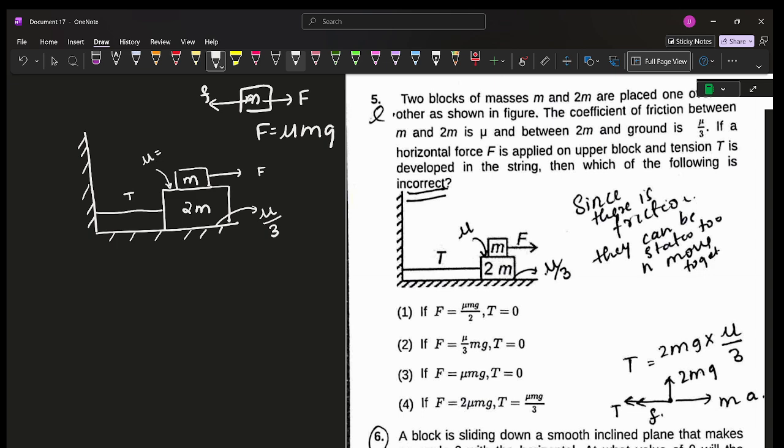But there's no 3mg, so I'm just going to take, let's say, mu mg. And if I consider the 2m, which direction will 2m move? That is the main thing that I want to know.